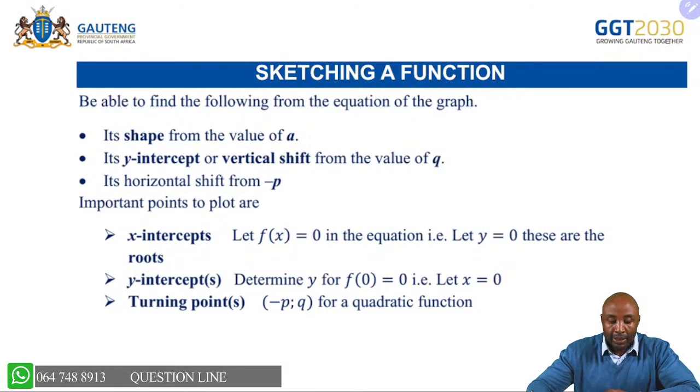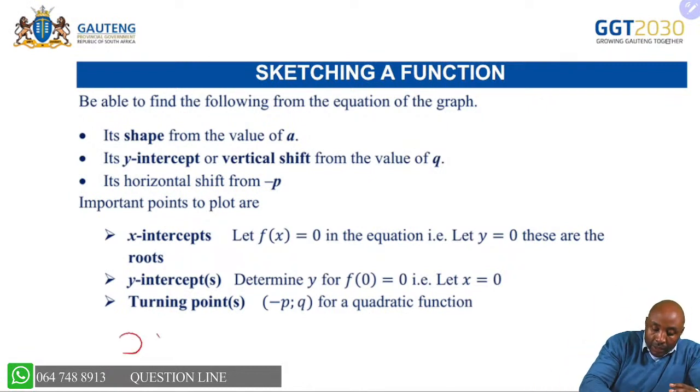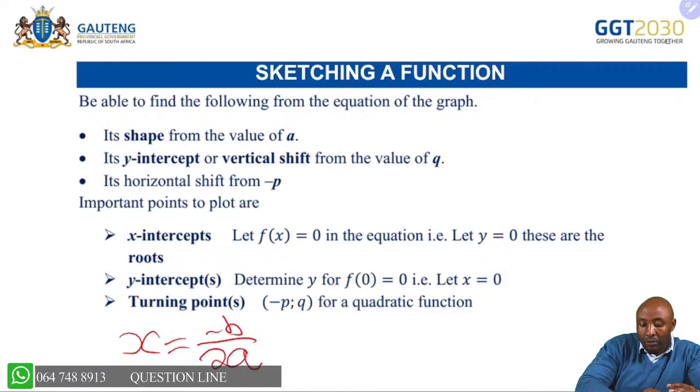And then the turning points, for example, our parabola has a turning point. To get the equation of the turning point, we use the coordinates of the point negative p and q to help us get the coordinates of the turning point on our quadratic formula. And also remember, we also use x is equal to negative b over 2a. You shall see this as we move along.